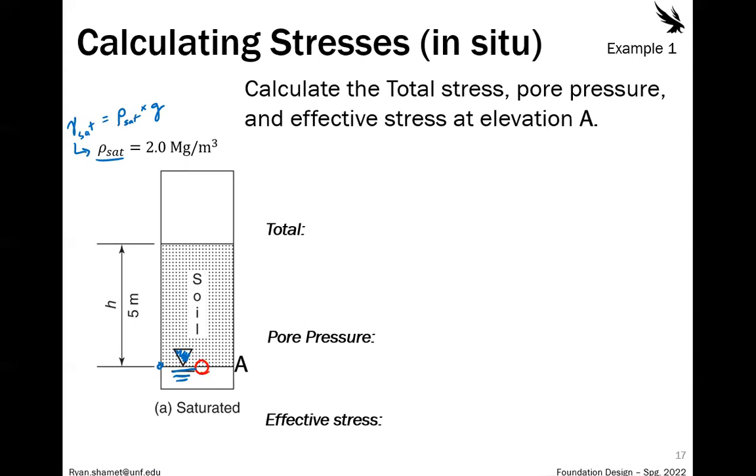In this simple example, we can see it as a column of soil, and we want to find the stress at the bottom of it. First, we're assuming that this is hydrostatic. There's no movement of water. This groundwater table is staying put.